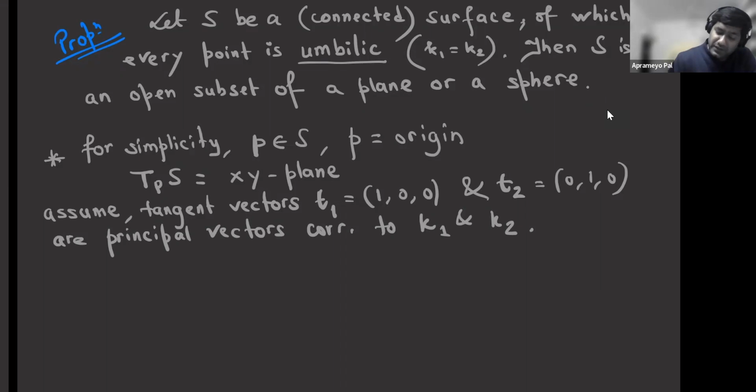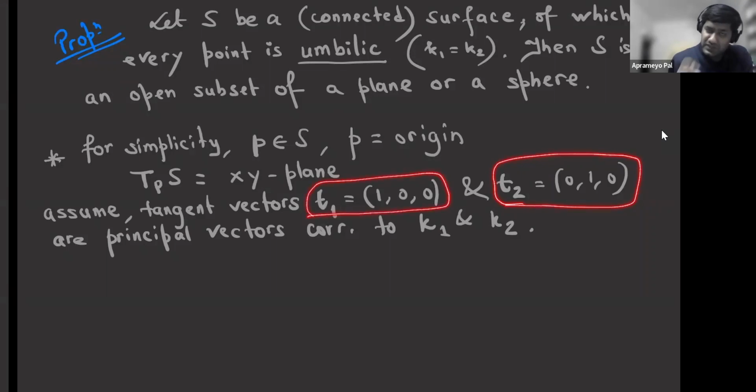If you don't get this vector, then you can take a rotation around the z axis and convince yourself that this simplification is without loss of generality.